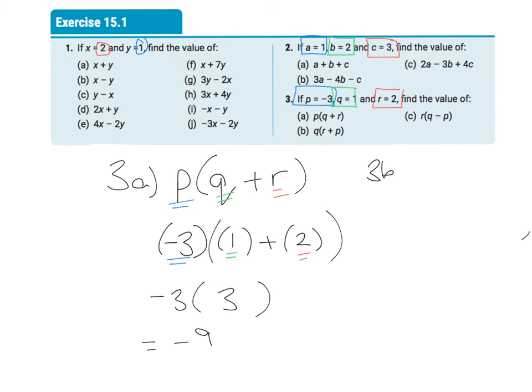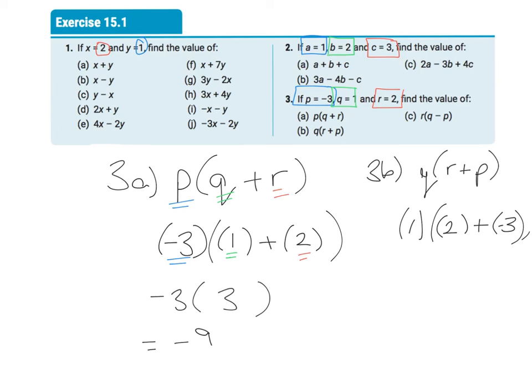3 part B. I've got Q bracket R plus P. So Q will be 1, R is 2, and P is minus 3. Okay, so I'll just highlight them over again in another colour.